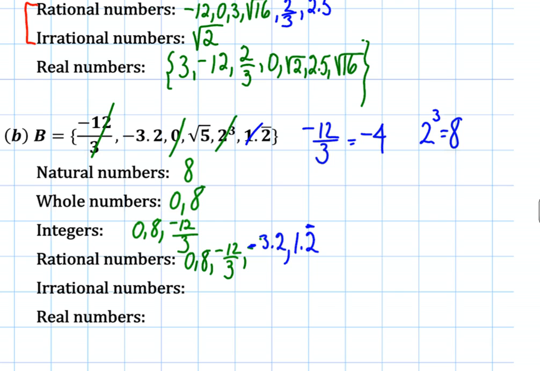So we're going to take that out and that out. So that means the irrational number is going to be just the square root of 5. And again, the real numbers would include everything in my set. So instead of listing those out, I'm just going to put B there.